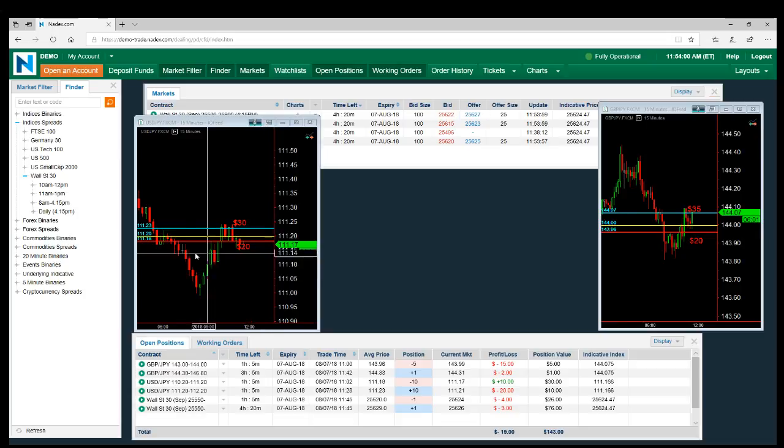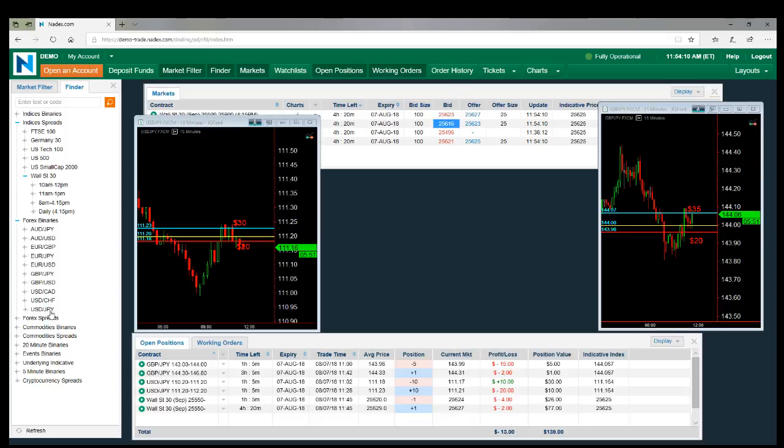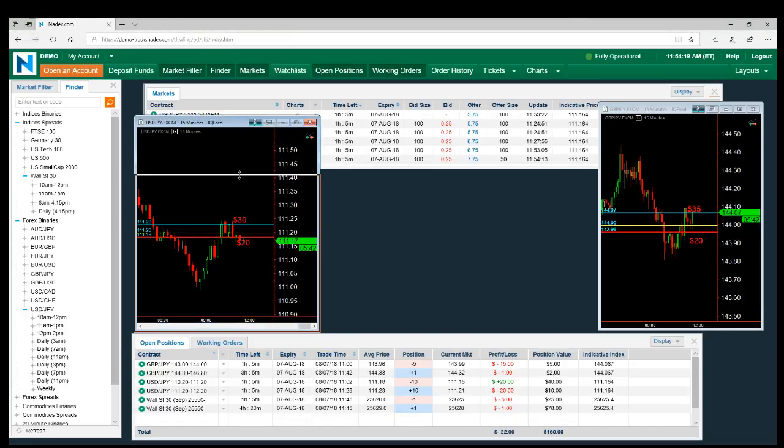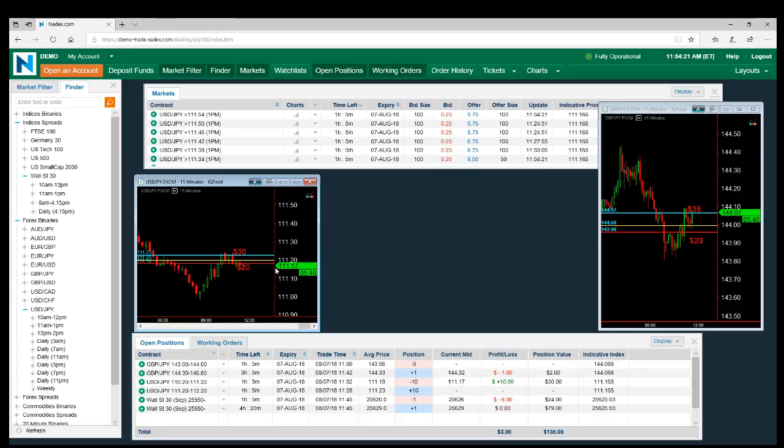And you can really mix and match the spreads and the binaries. They do really well. You know, for example, let's say that we didn't have the spread up here to the long side. We could always come over and do an out of the money binary on it. Choose, let's say, the 1 p.m. Okay. Price is currently trading at 111.17.